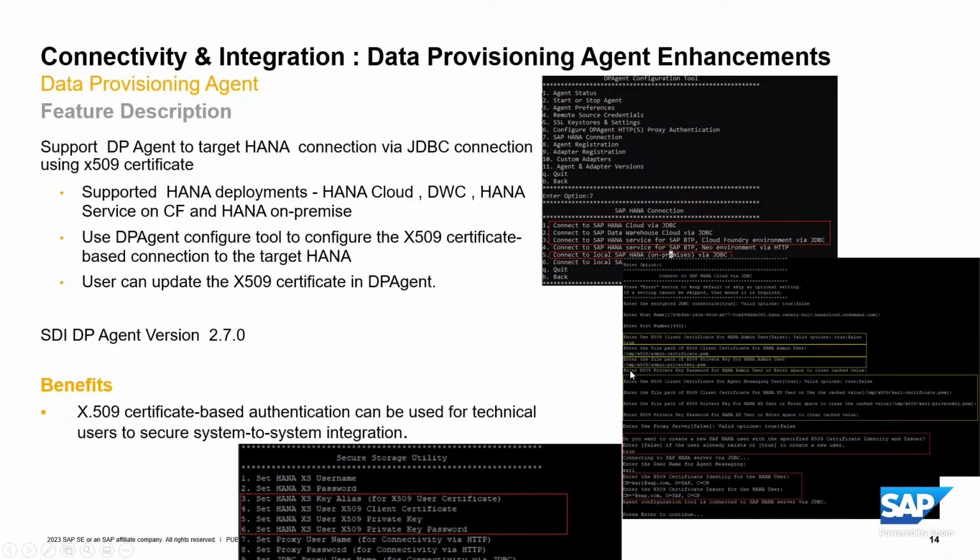You can also contact the HANA administrator to get the X509 identity and issuer if you want to create a new HANA user for agent messaging. You need to configure that identity and issuer information in the DP agent.